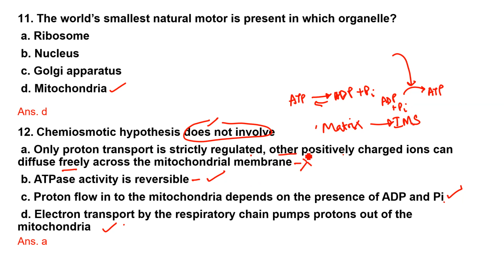Here you see, other positively charged ions can diffuse freely across the mitochondrial membrane. This statement is false. If any type of positively charged ions can diffuse freely, then the potential difference of the electrochemical gradient will be disrupted.